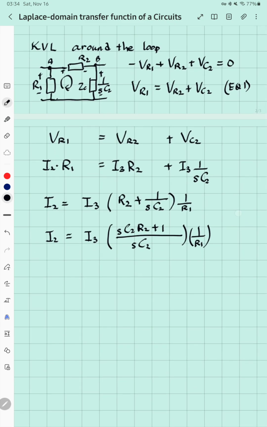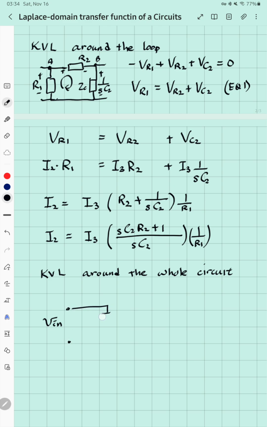Then we can do another one: KVL around the whole circuit. We had a V in.